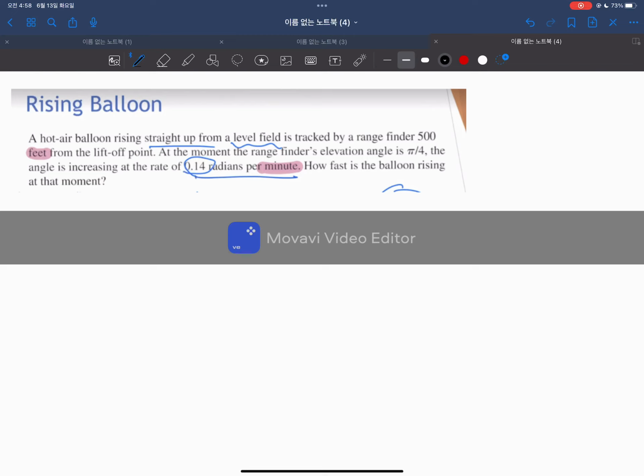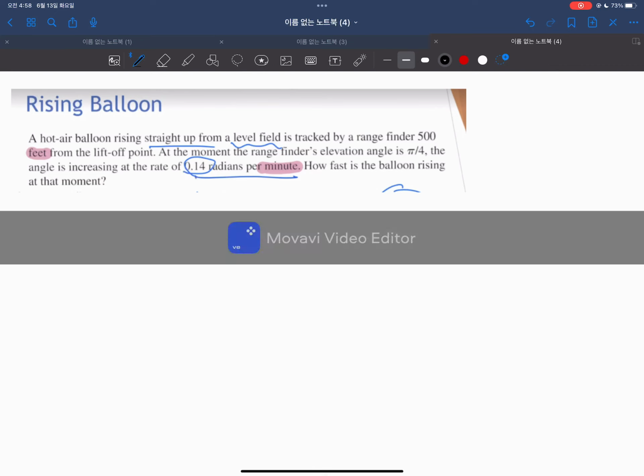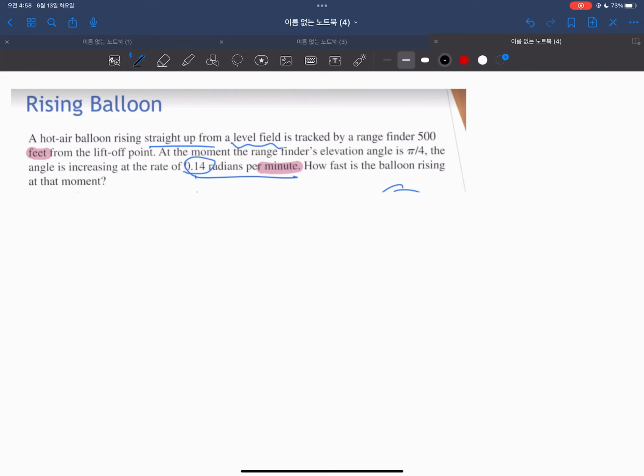Let's start. The first thing is to check the variables given in the problem and what kind of relationship the variables have. The problem gives us the distance between a hot air balloon and the rangefinder, and it also gives us the rate at which the balloon is rising. We have to find how fast the balloon is rising at that moment.